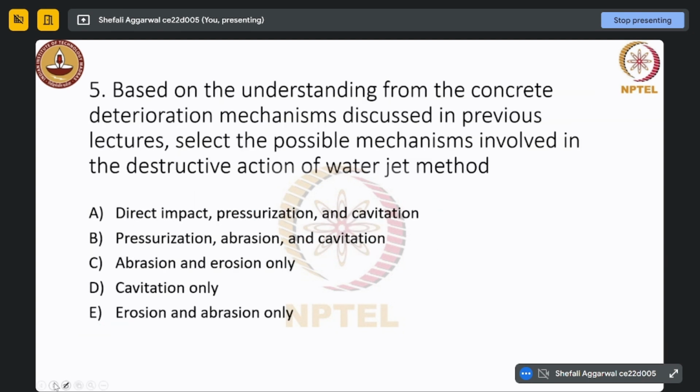Next question. Based on the understanding from the concrete deterioration mechanisms discussed in previous lectures, select the possible mechanism involved in the destructive action of the water jet method. Direct impact, pressurization and cavitation; pressurization, abrasion and erosion only; cavitation only; or erosion and abrasion only.